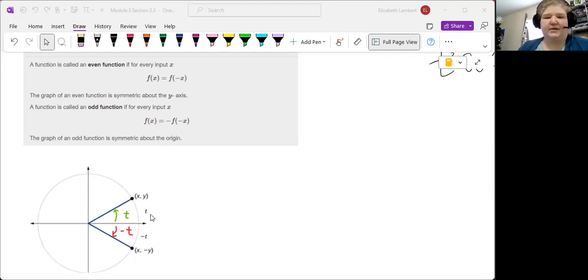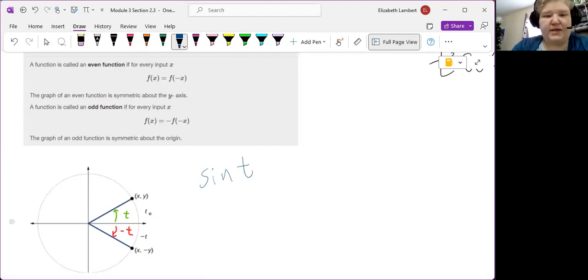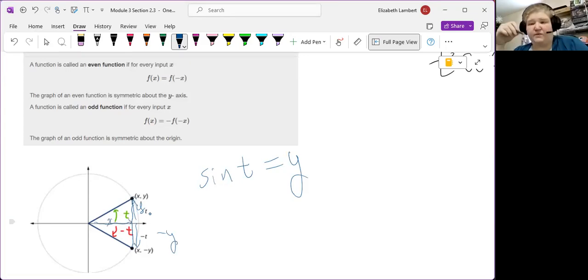So if I take the sine of t, then that equals positive y. And we can sketch in here, it's x over, positive y up, negative y down.